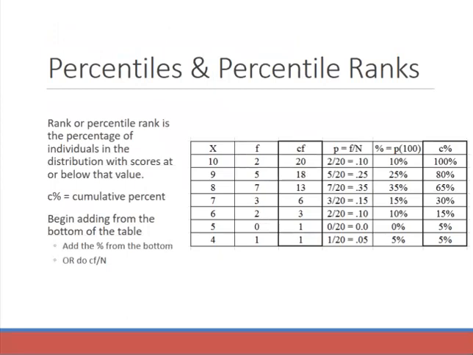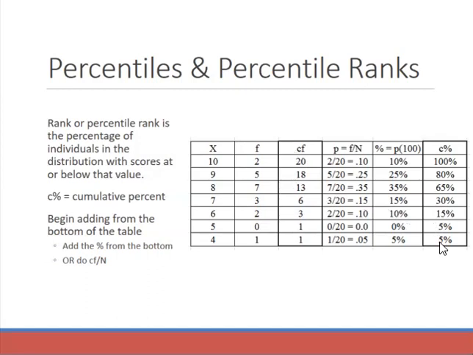The percentile rank is the percentage of individuals in the distribution with scores at or below that value. We've talked about the cumulative frequency, but we can also look at the cumulative percent to see what percent of individuals got at or below a given value. Just like with cumulative frequency, you start at the bottom of the table and add the percent of the bottom.